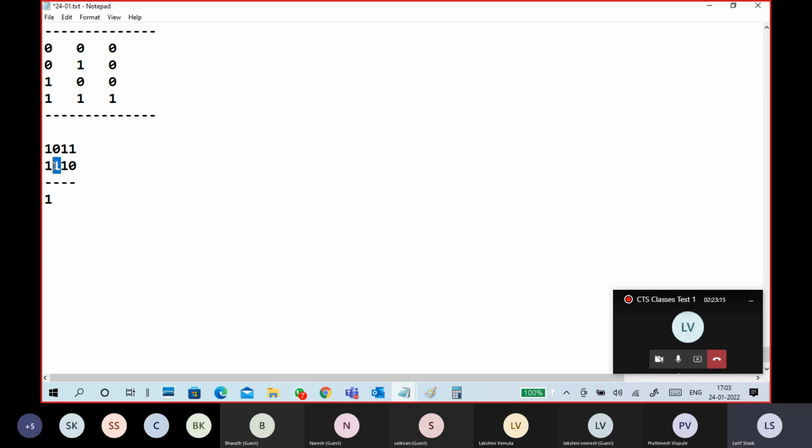This is 0, this is 1, so output is obviously 0. 1 1 output is 1. 1 0 output is 0.